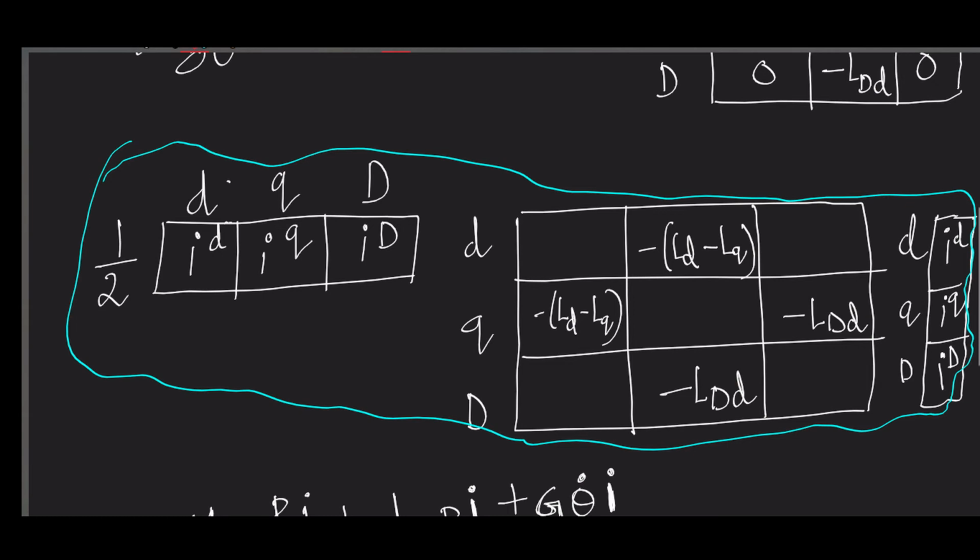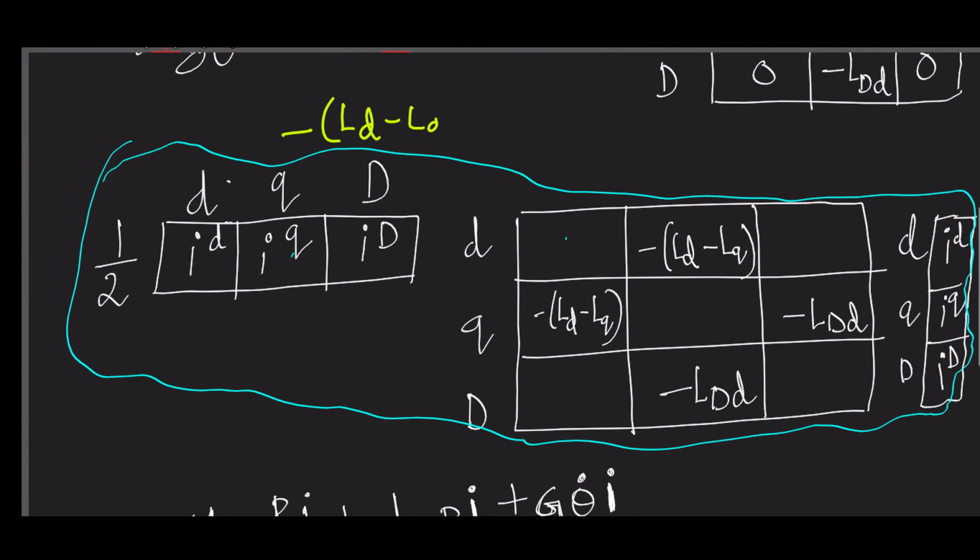Now, if you do this multiplication, what you will see is that there is no Id square term. We are having a few cross terms like this one. Let me write using a different color.